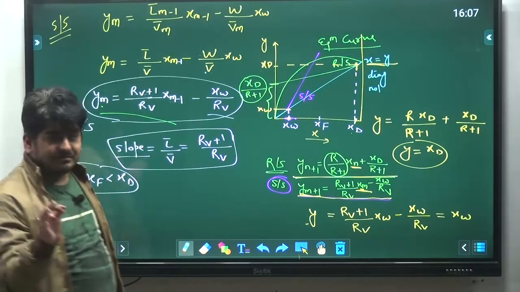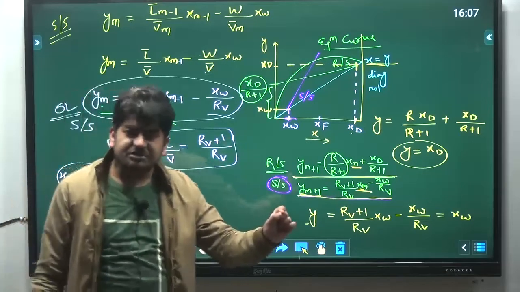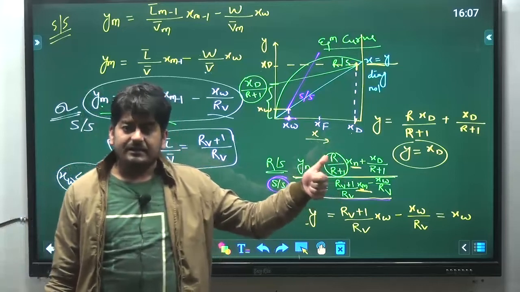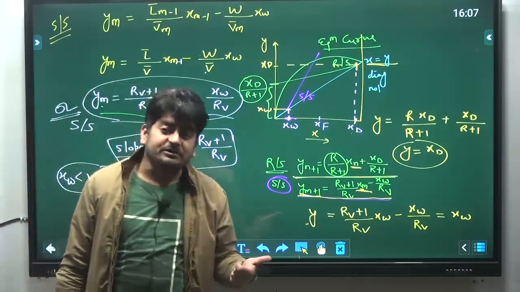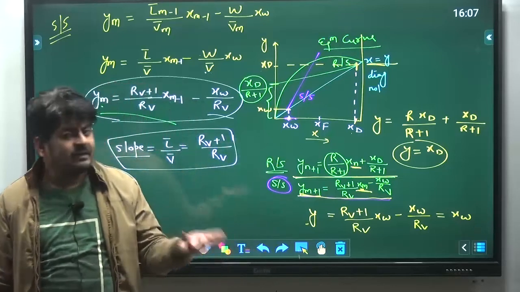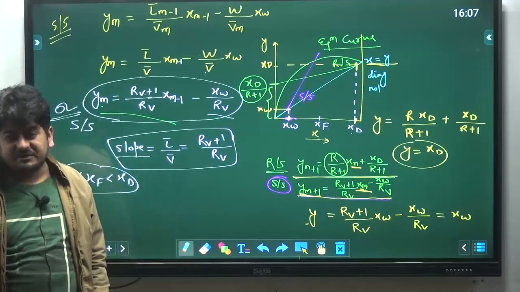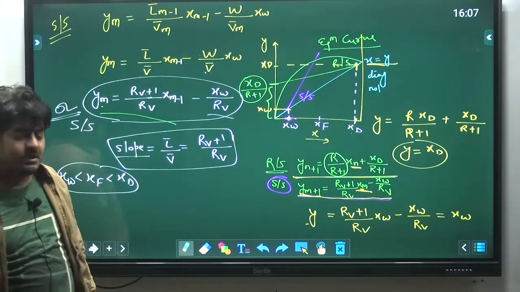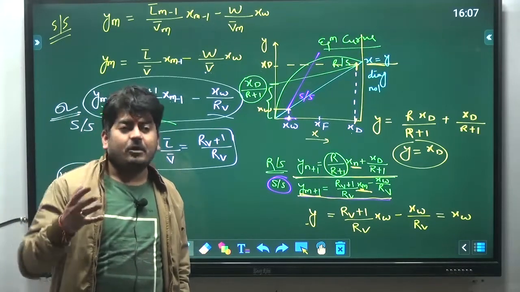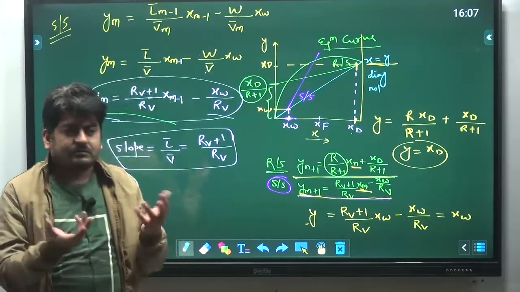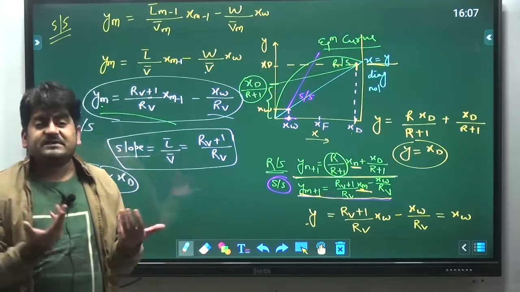Because in our system, for the liquid, xw is the least possible composition of A in the liquid phase, and xd is the maximum possible concentration of A in the liquid phase. This is the separation which you want, the desired degree of separation. So we always know the values of xw and xd, because we know how much separation we want.